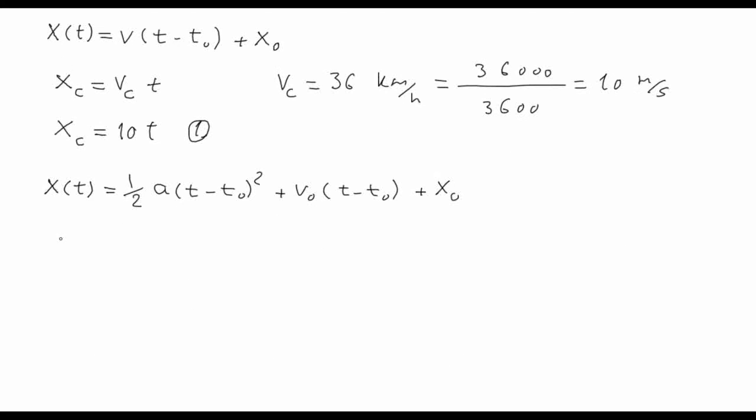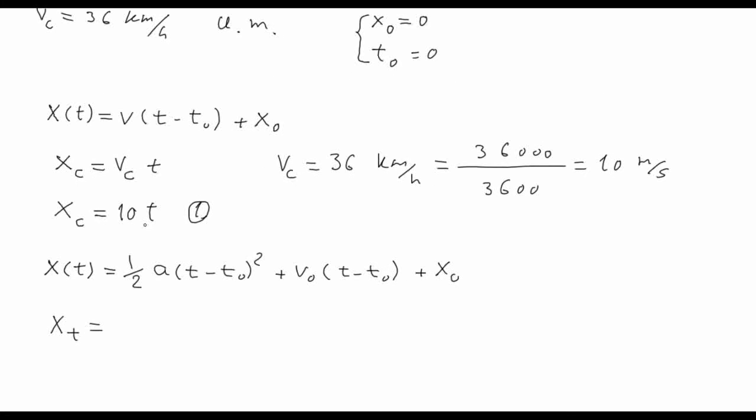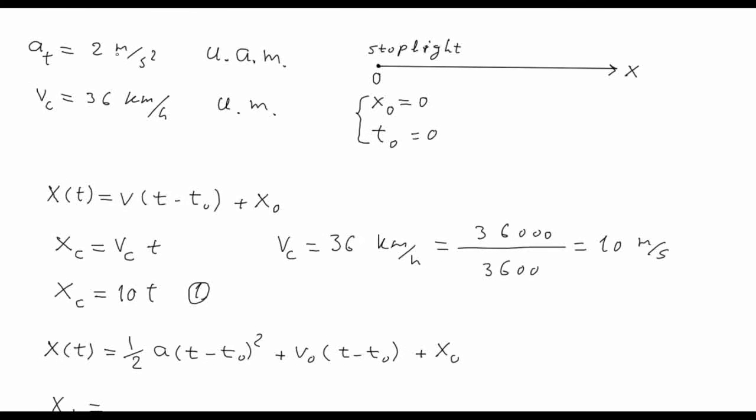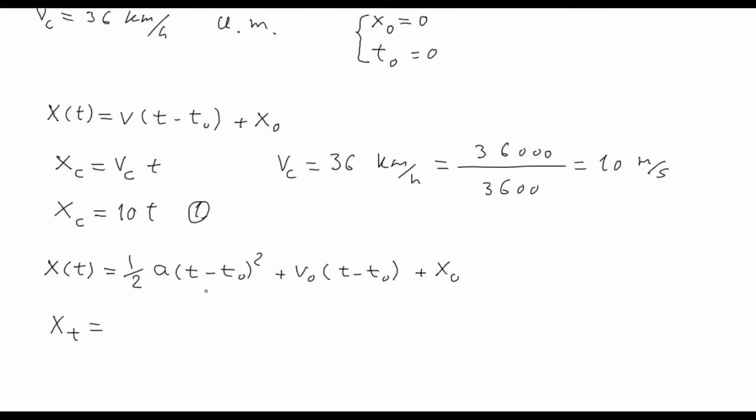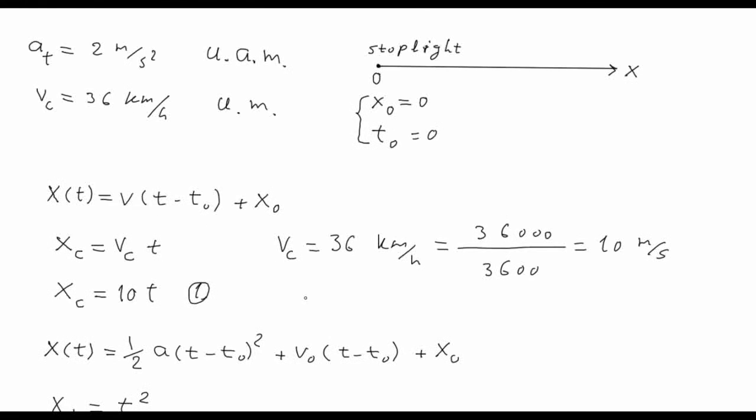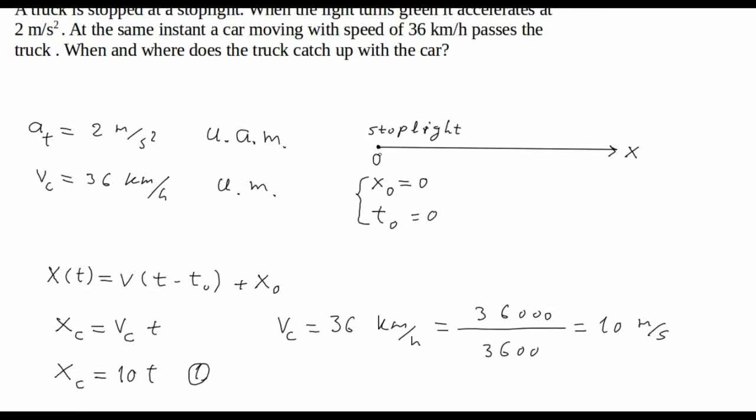So the position of the truck at any given time is equal to 1/2 times a, that is 1/2 times 2, that is 1, times (t minus t_0) squared, and t_0 here is 0, so this is t squared, plus v_0 times (t minus t_0). v_0 here is 0 because the velocity of the truck was 0 at the stoplight.